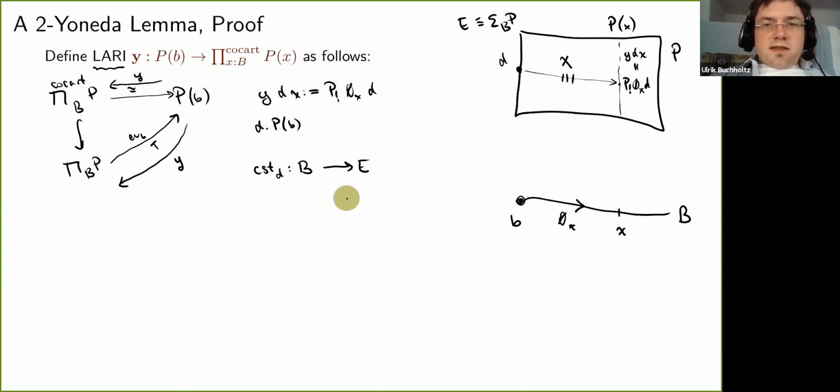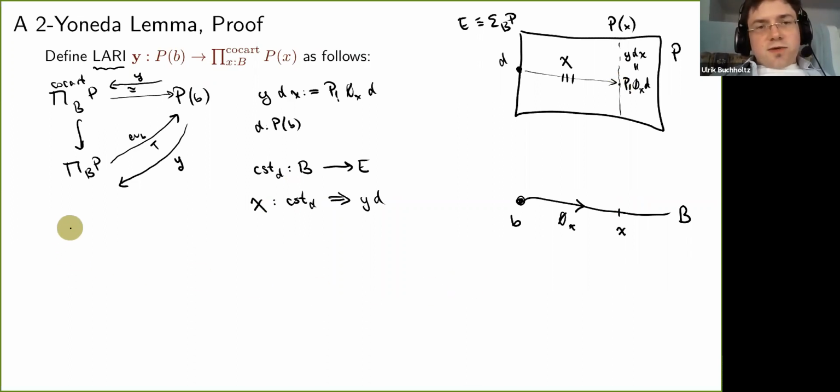So this is the functor that's constantly this pair, maybe B and D. And then we have Yoneda being a section also gives a map to the total space, of course. And now we have this natural transformation chi from constant D to Yoneda D for all D.